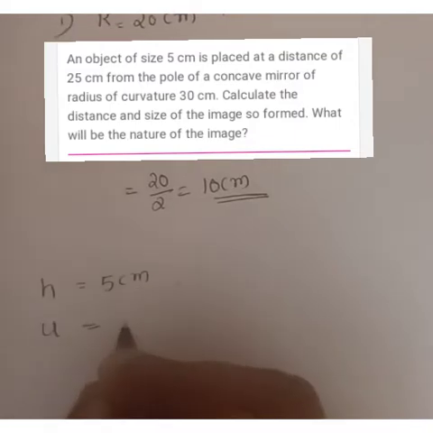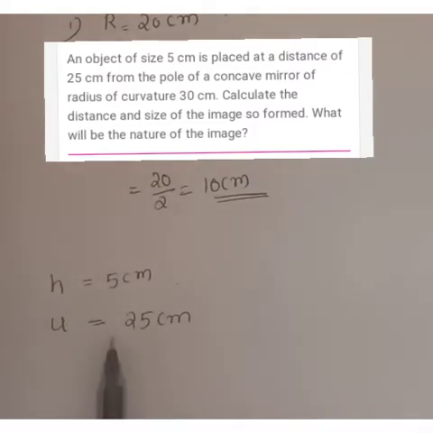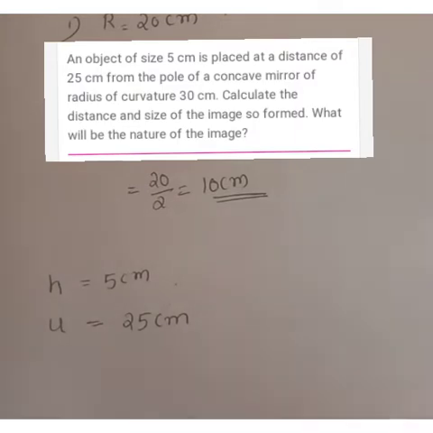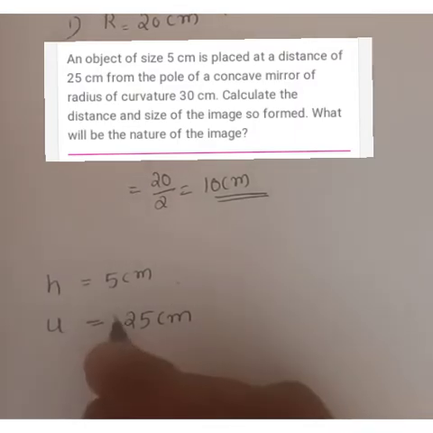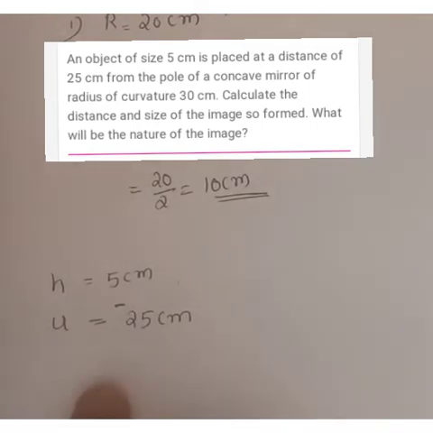How to give the new Cartesian sign convention? In the case of a concave or convex mirror, u is always negative. So you have to put the sign negative: u is equal to negative 25 centimeter. Understood?